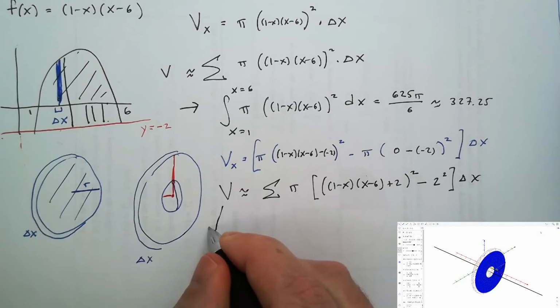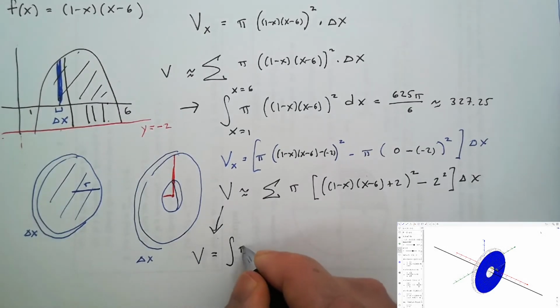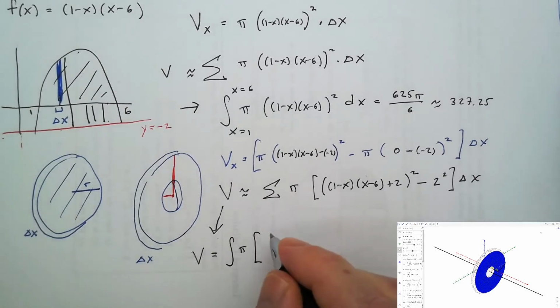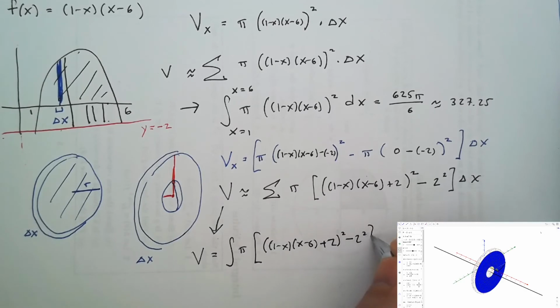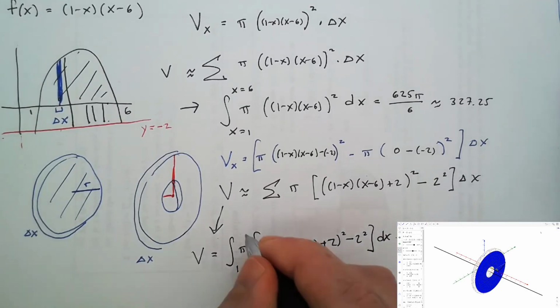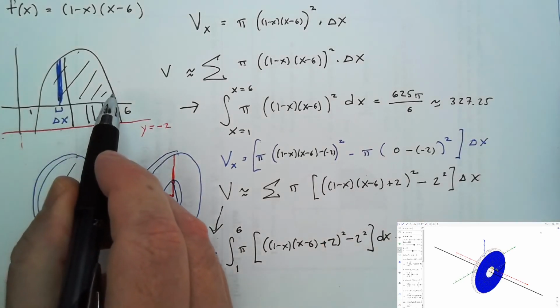And this is a Riemann sum that then converges to a definite integral, pi times the quantity: first we have this big radius squared minus the small radius squared. The delta x becomes a dx. And again, we integrate from 1 to 6 because we need every possible slice for this region.